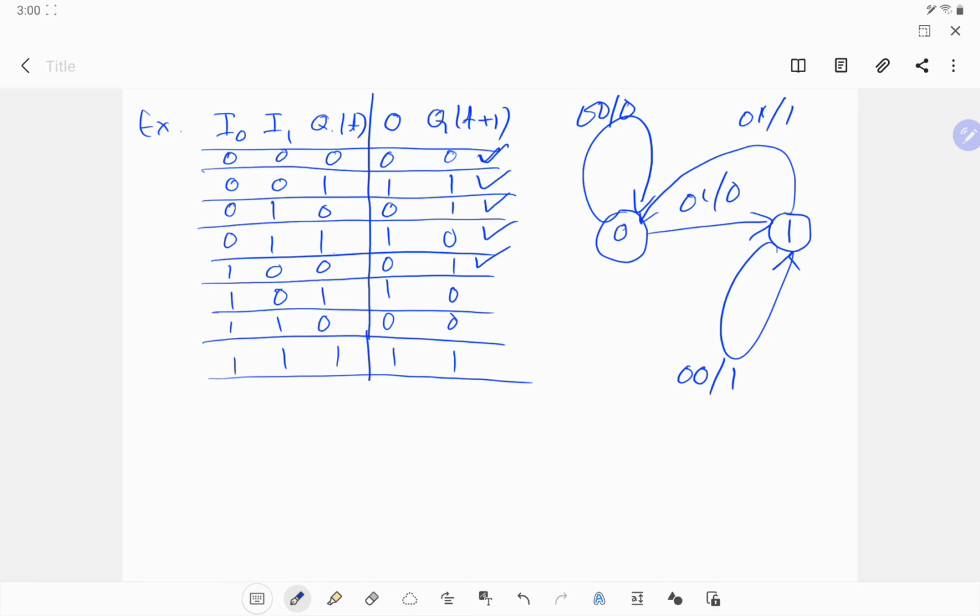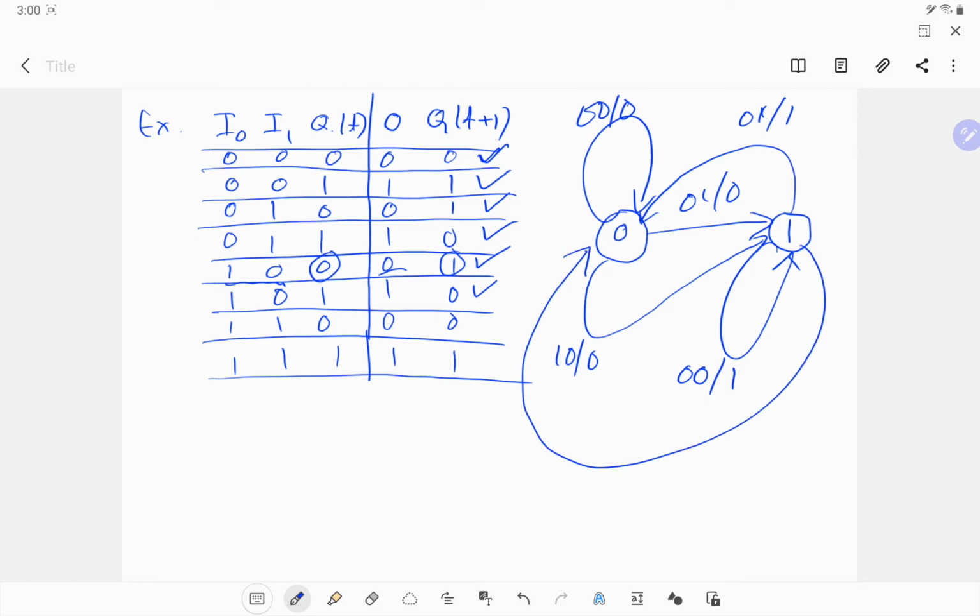Then we have 0 to 1. Input is 1, 0, output is 0. We have 1 to 0. Input is 1, 0, output is 1.